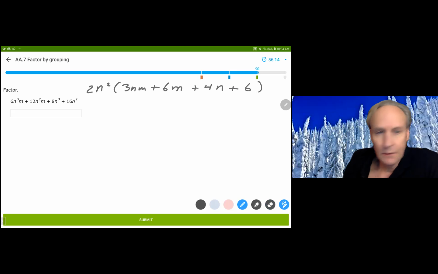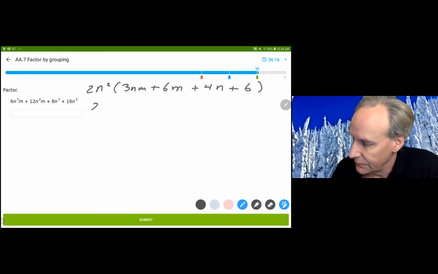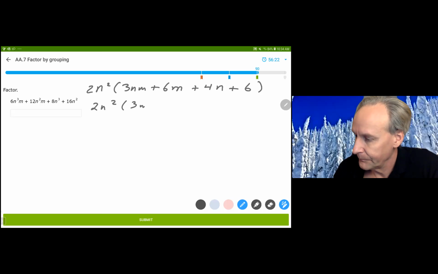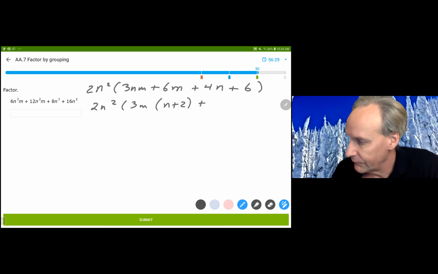Now, we've got a 2n squared. Our first pair, we can take a 3m out. That leaves us with n plus 2. And we can take a 2 out. Uh-oh, I made a mistake somewhere, didn't I?